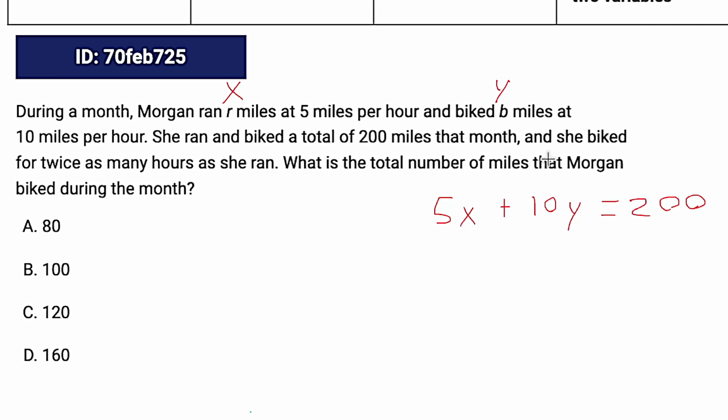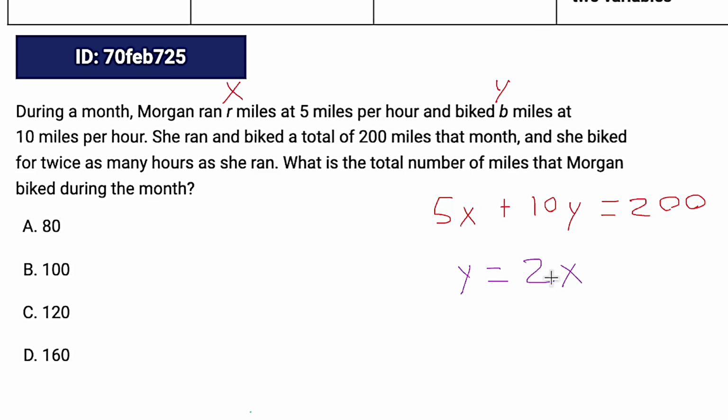Then we get another equation here. It says she biked for twice as many hours as she ran. So if her biking hours are Y, that would mean that Y is equal to 2 X's, twice the number of running miles. So now I have my system of equations.